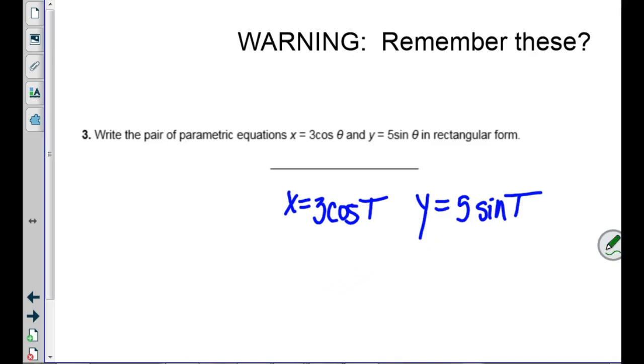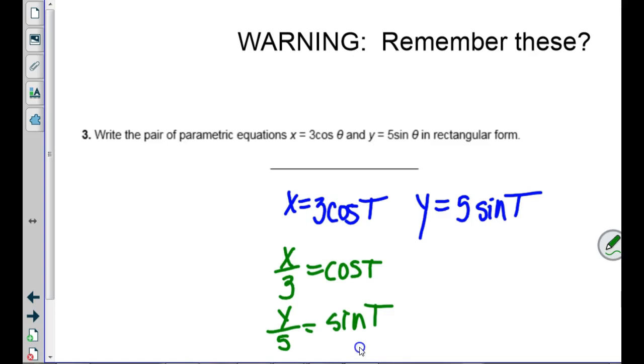I don't want to waste too much time. If you divide by 3 here, and you divide by the 5 here, then what did we do? That helping anybody remember? Squared both, okay?